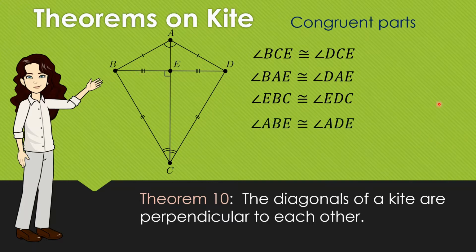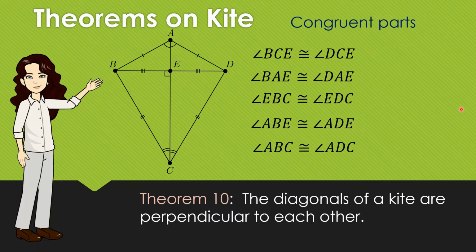Next. Angle ABE. So angle ABE is congruent to angle ADE. This angle at B is congruent to angle D here, on top. Okay, next.